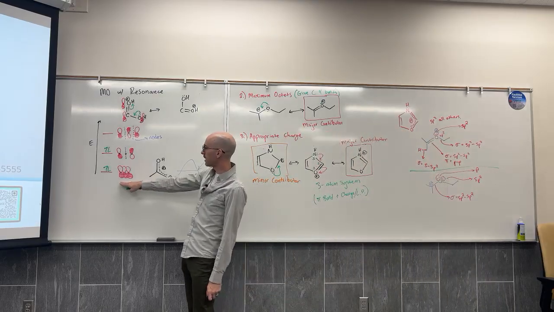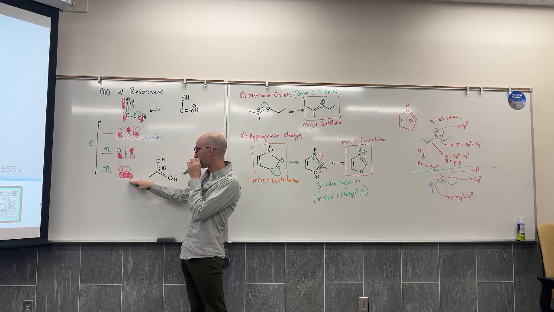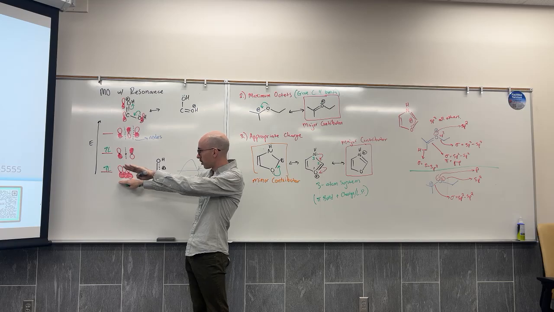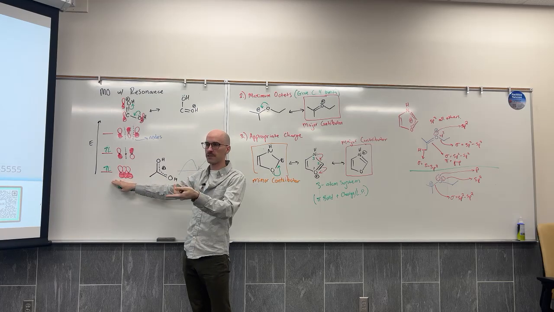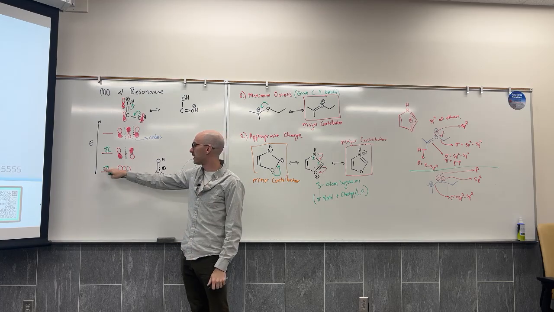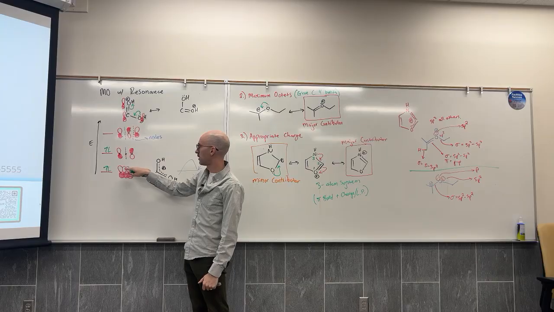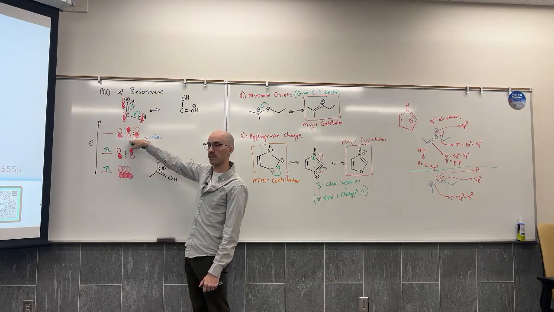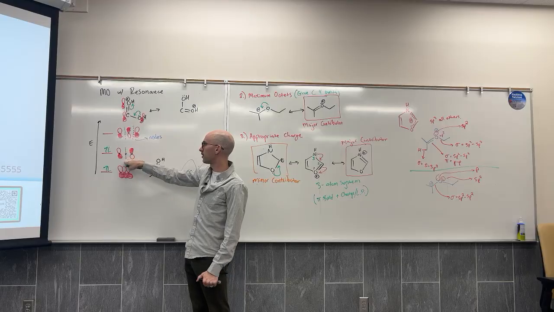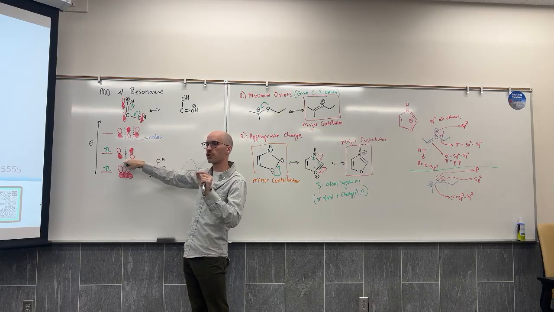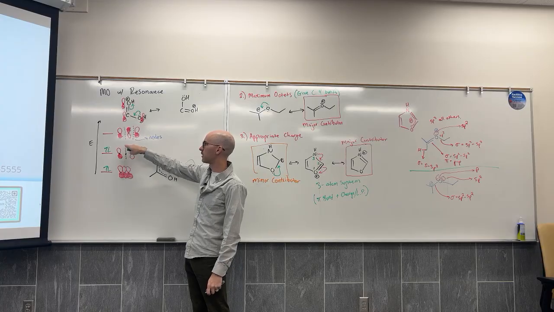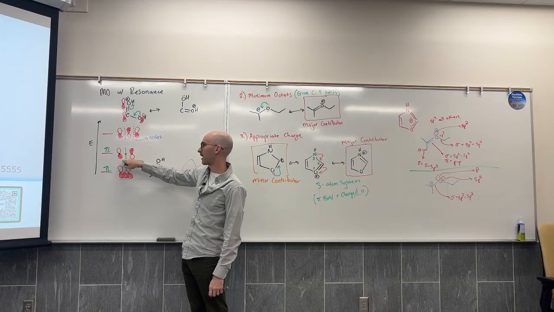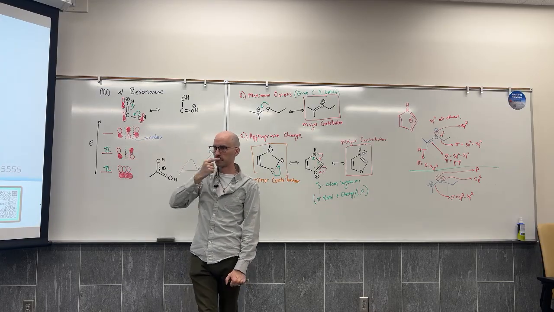Because these are delocalized across 3 atoms and are the lowest energy, these would be the bonding electrons, whereas these are non-bonding. This is anti-bonding, but here you have essentially neutral energy, net zero, not stabilized, not destabilized. So these are actually non-bonding electrons.